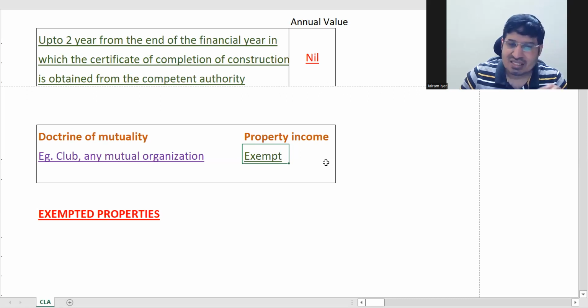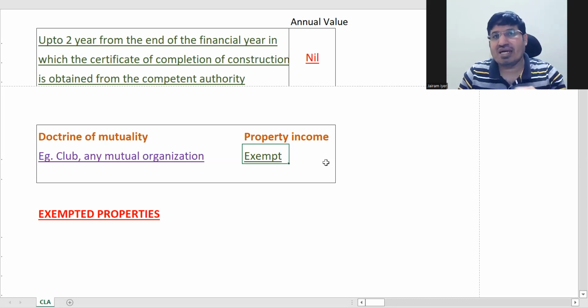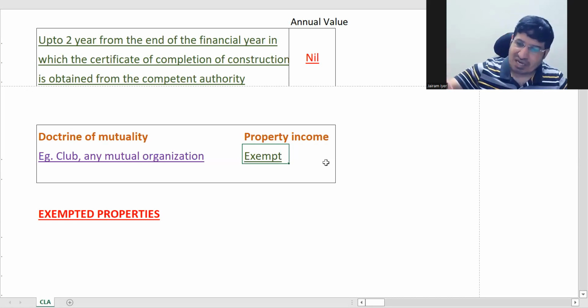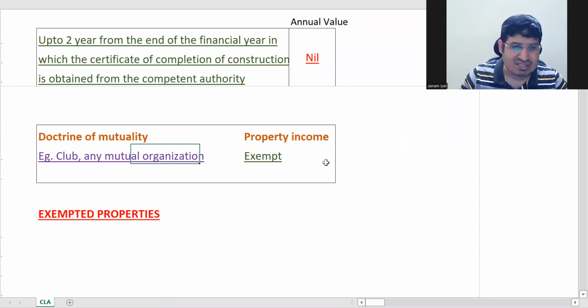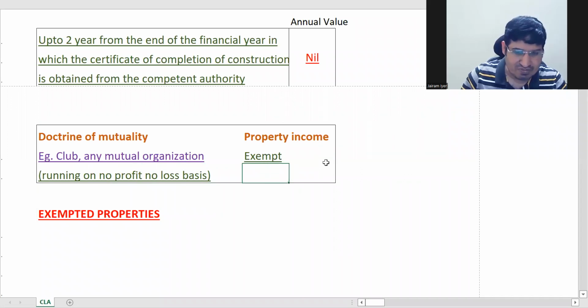The only thing is that they cannot take the property income out of their mutual organization. If a club has a house, because within the club they need some dwelling place, and they collect rent for that, but it is used for the club only and nobody is taking anything out, then it becomes a mutual thing. It will be exempt. Got it? Any question you can ask me on that.